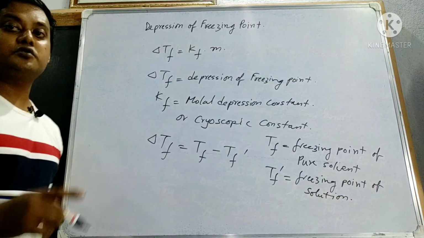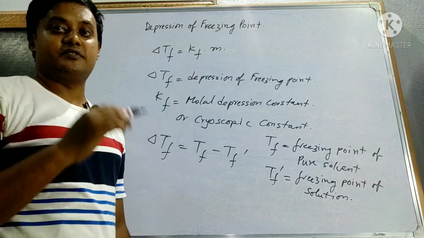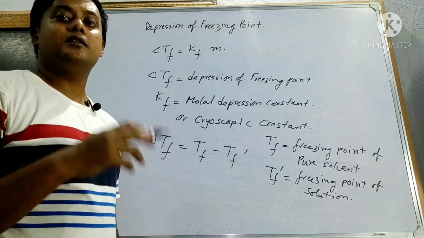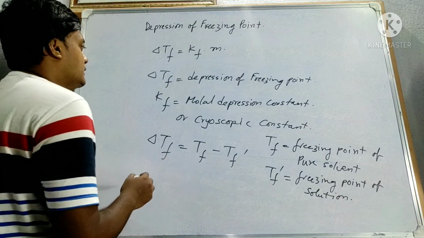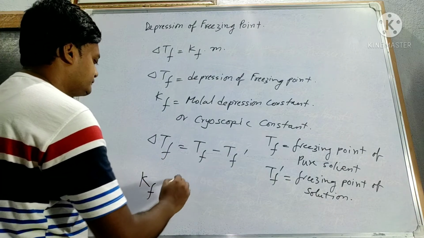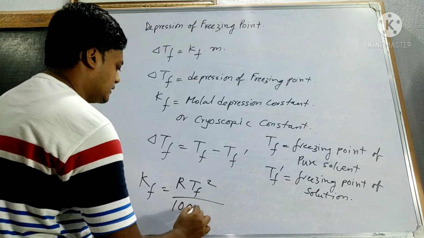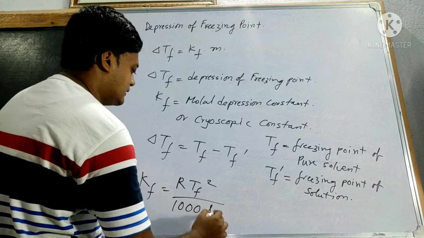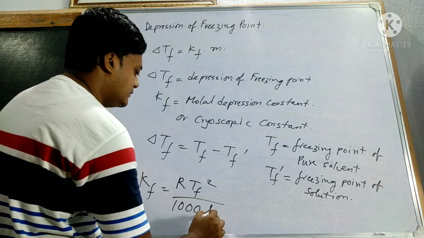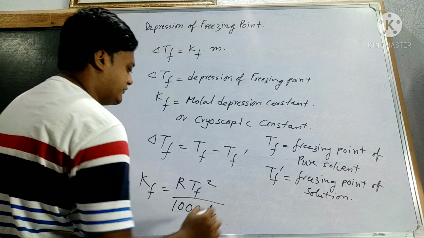So the freezing point of solution is less than that of the pure solvent. Remember that. Now Kf equals R Tf square by 1000 into LF.